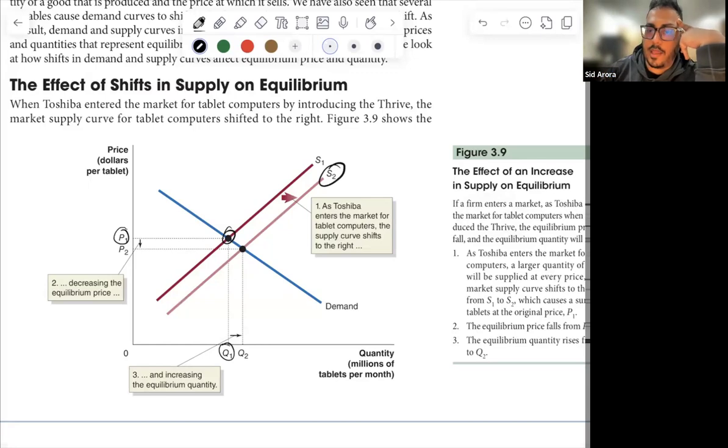Demand hasn't changed, only supply has changed. So the new equilibrium point is where the original blue demand curve intersects S2, the new supply curve, right here. Let's say E1 was our original equilibrium point and E2 is our new equilibrium point. The price and quantity corresponding with E2, P2 and Q2, are our new equilibrium price and quantity. So the price went down and the quantity went up.